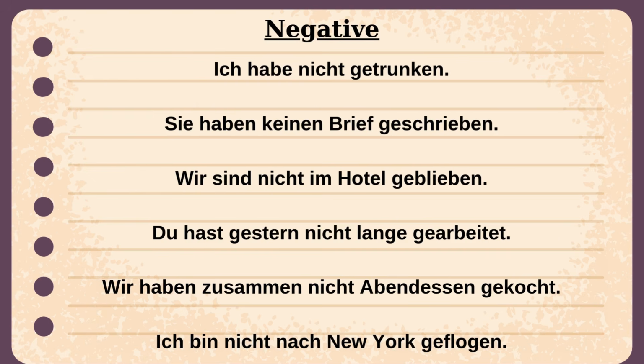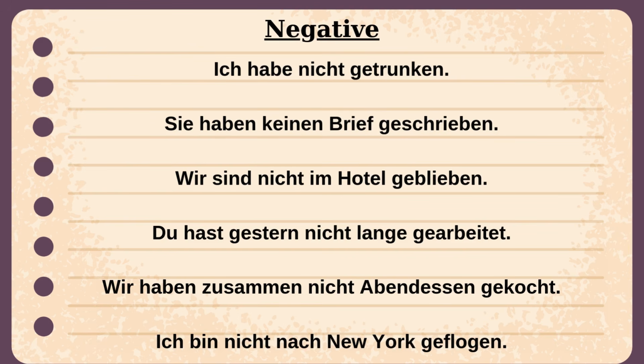Just be careful. If I have einen, ein, we use kein in negative. But if we don't have it like this, eine, we always use nicht while making negative sentences.